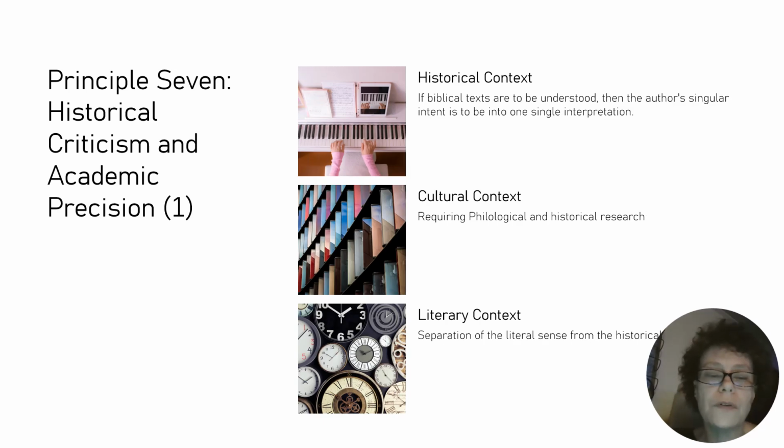Historical criticism and academic precision all stem from the division of the biblical text and church doctrine, with a more scientific approach and historical research on the who, what, when, where, how, and why.